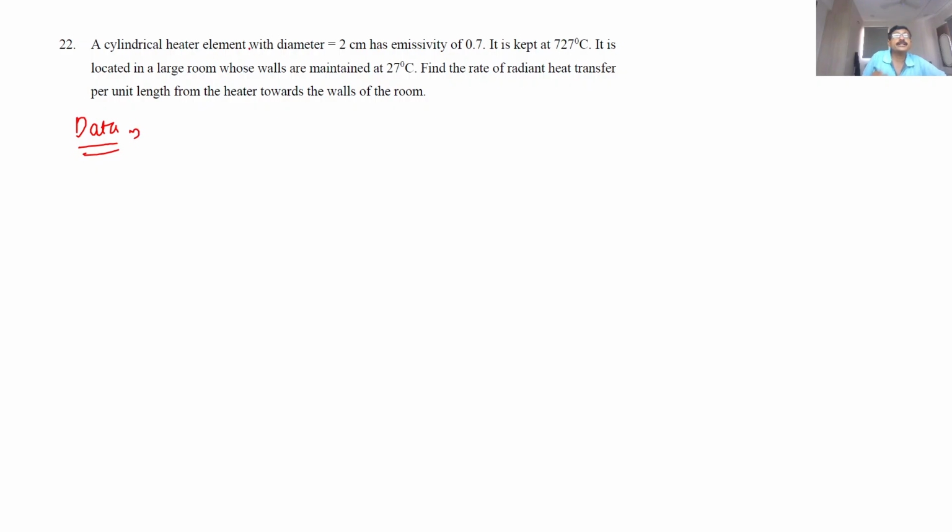A cylindrical heater element. Now see, till now we have solved problems of flat parallel plates with shields and without shields. Now a cylinder is coming into the picture.